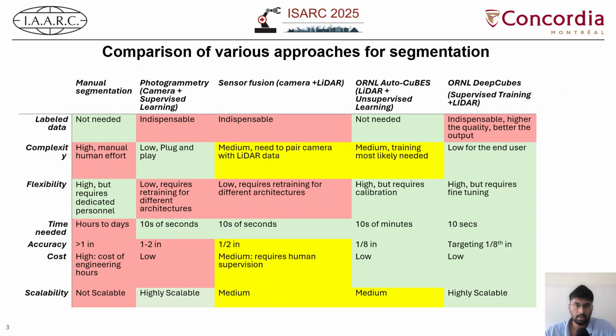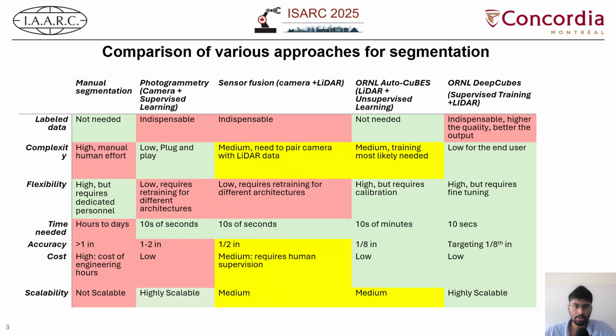In this slide, we compare the different methods for building segmentation. Manual segmentation requires high human effort and is not scalable. Photogrammetry and sensor fusion methods need label data and they have to be retrained for different architectures, and the resolution is not high and is more error prone because most of the work is done in 2D and not in 3D, thereby losing the depth information.